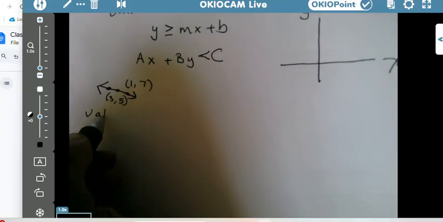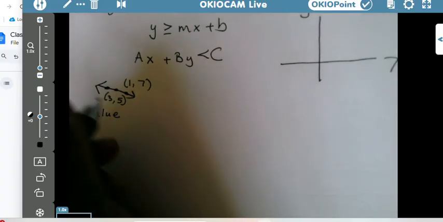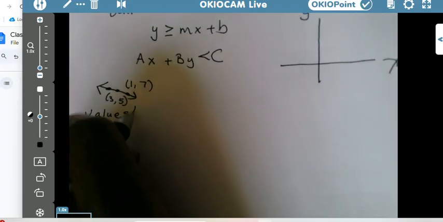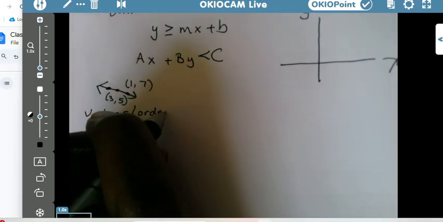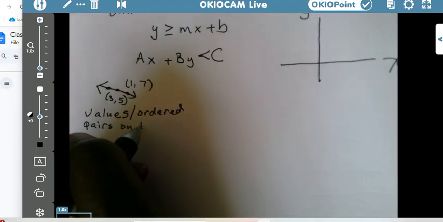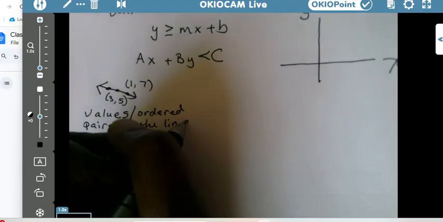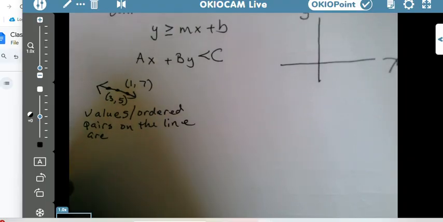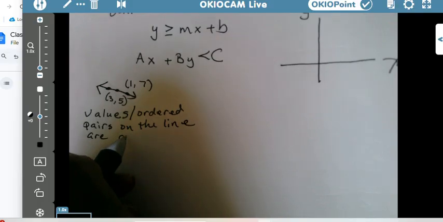So when the line is solid, the values or ordered pairs, the solutions that are on the line are also included as a part of the solution.